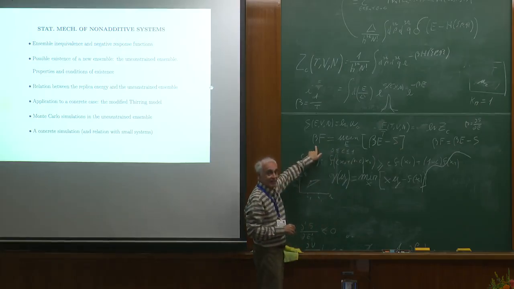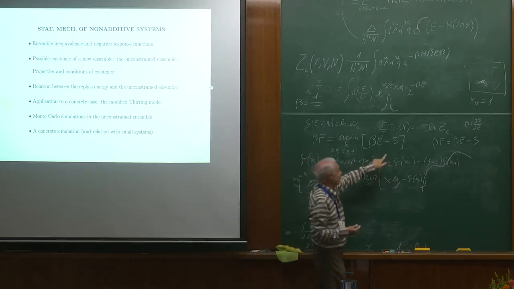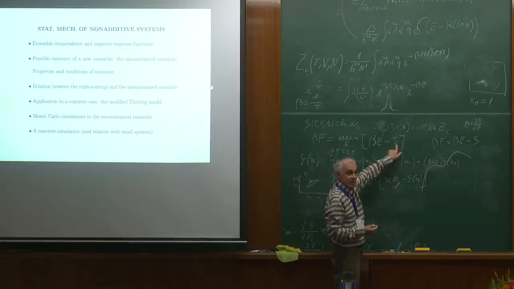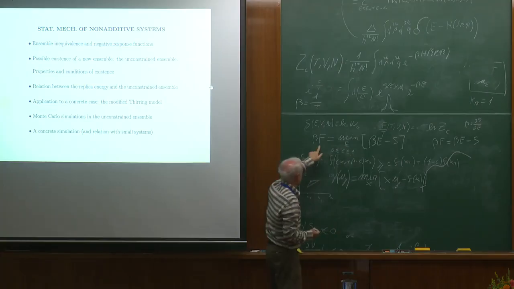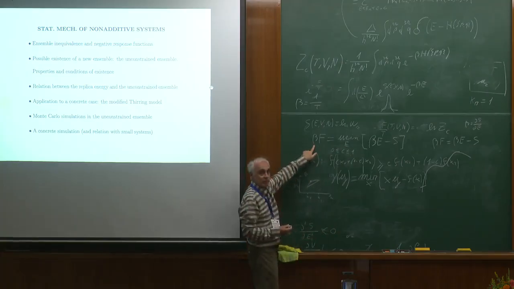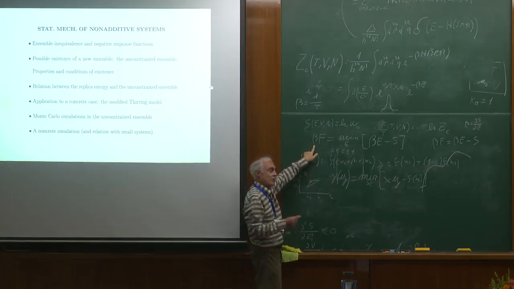And again, if you see the consequences of this, you will see that even if the isolated system has a negative heat capacity, when you put it in contact with the thermal bath, it will always have a positive heat capacity.